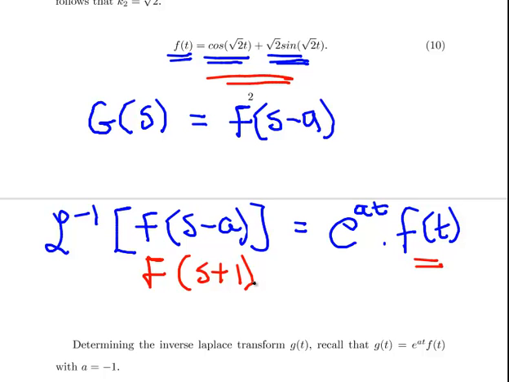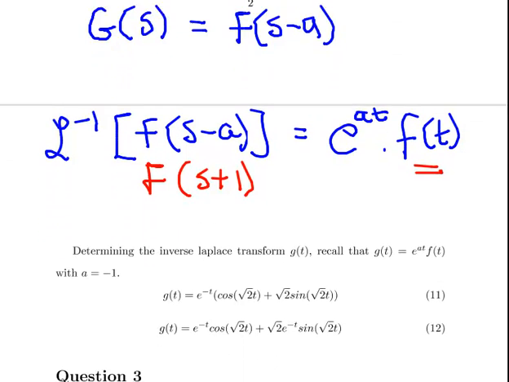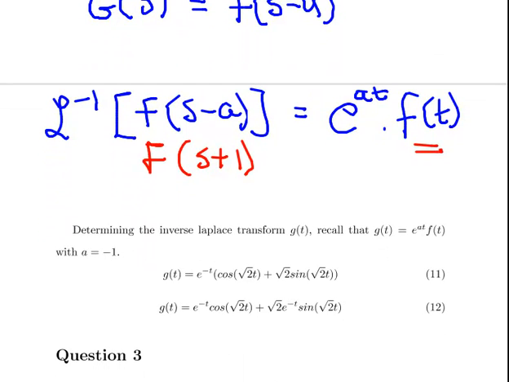So now essentially we have it done. Determining the inverse Laplace transform g of t, recall that g of t equals e to the power of at times f of t, with a equal to minus 1. So that's f of t there.